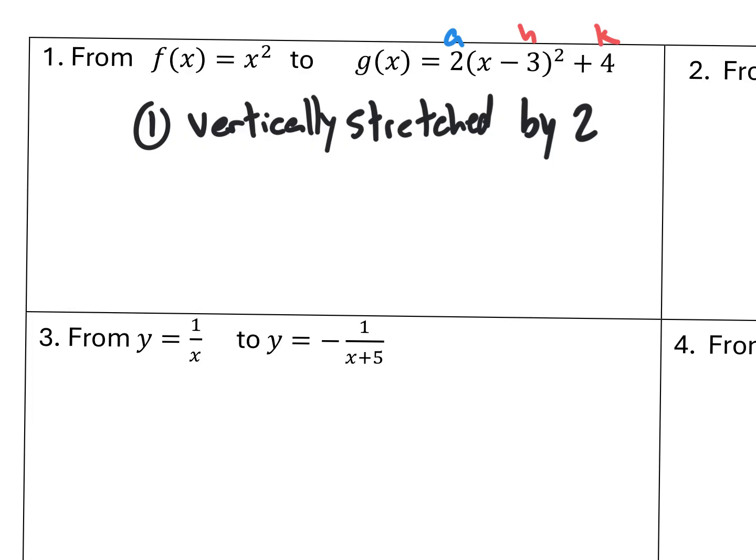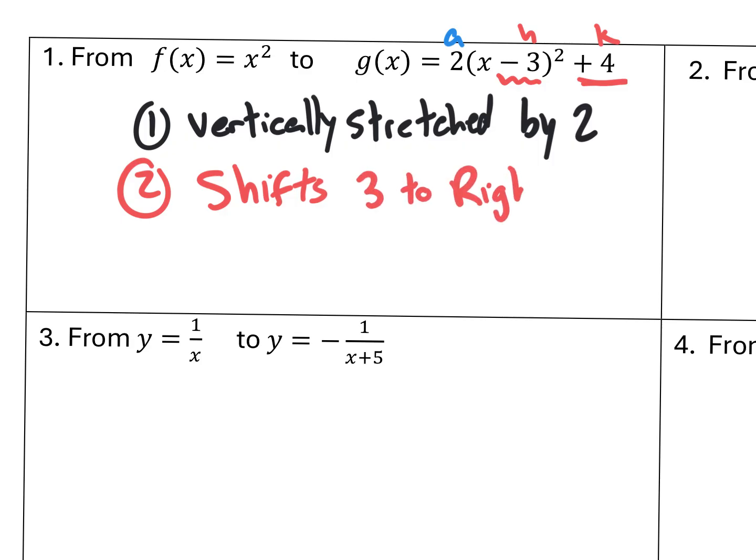And then after that, the second thing that happens is the shifts, according to h and k. Squiggly underline on the h because you think opposite. So you say it shifts 3 to the right and 4 units up. And that's it. That's the description of the transformation from the original parabola to this new parabola.